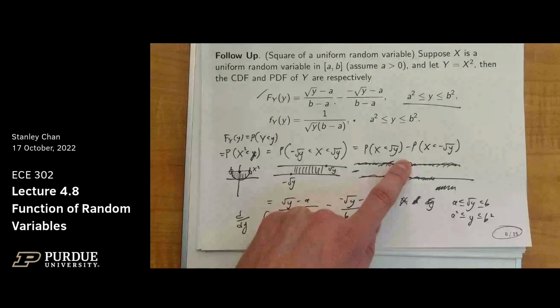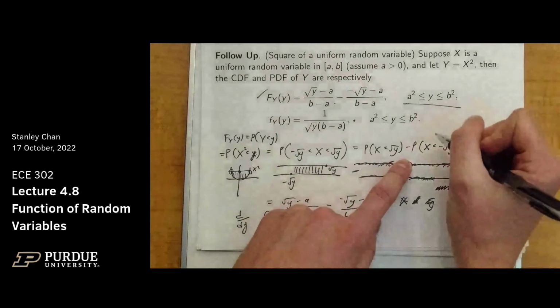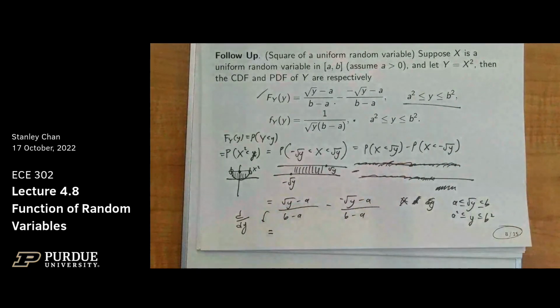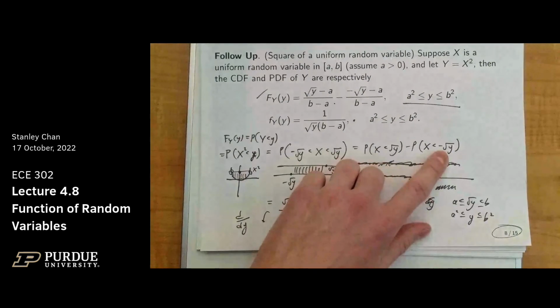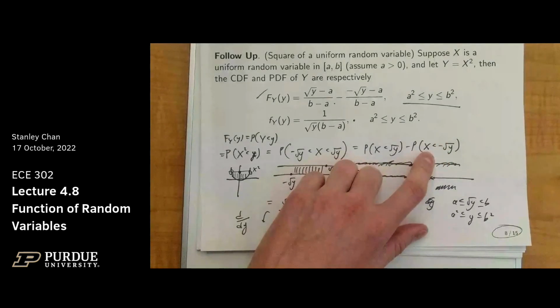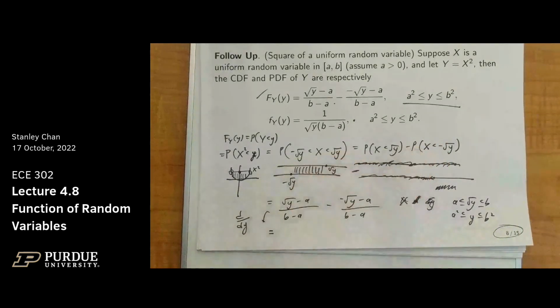I think I see what you're saying. You're saying this should be probability 0. That's a good point. I see. So you've got this a greater than 0, and you've got this thing which is less than 0 since the square root is going to be a positive value. And x will always be less than a positive value. Yeah, let's think.